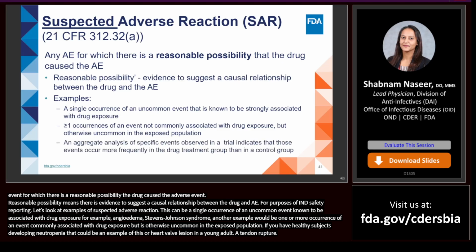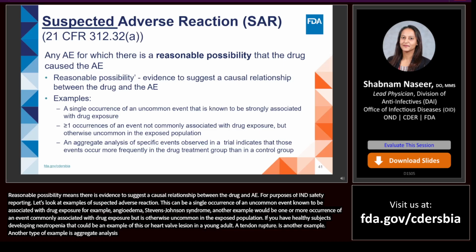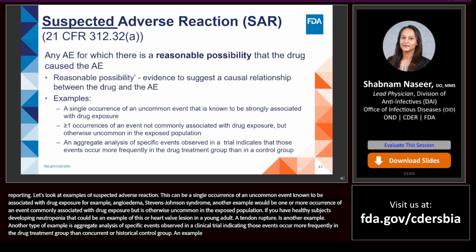And another type of example is an aggregate analysis of specific events observed in a clinical trial, indicating that those events occur more frequently in the drug treatment group than in a concurrent or historical control group. And an example of this would maybe be having several acute myocardial infarctions in long duration trials of elderly cancer patients.